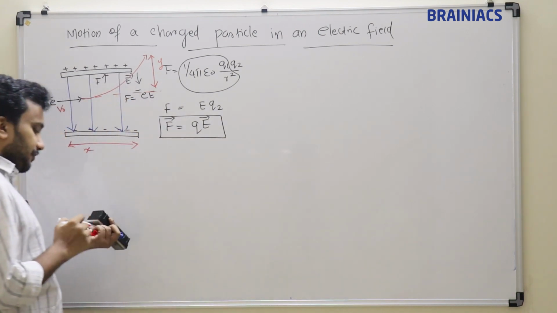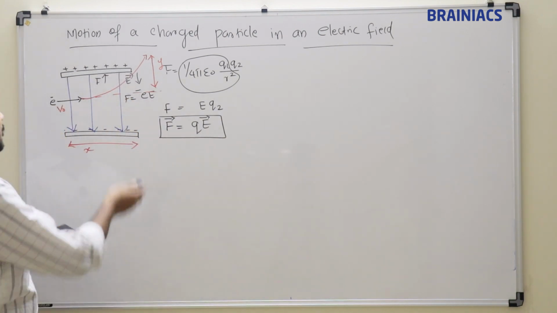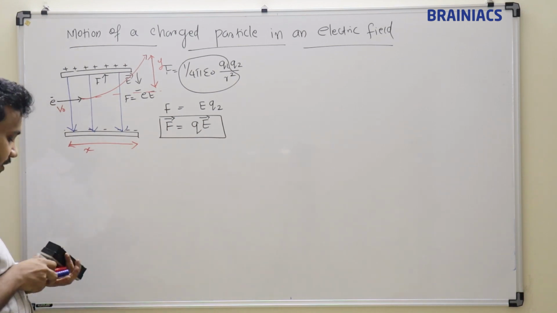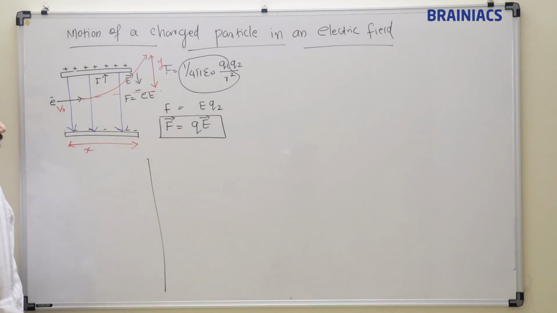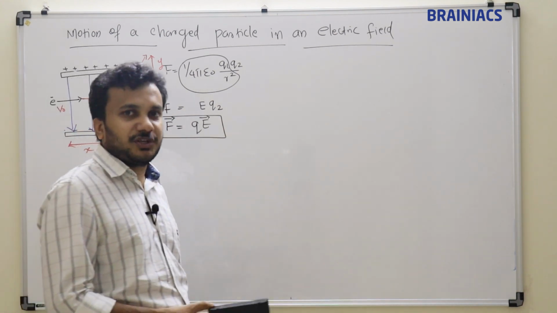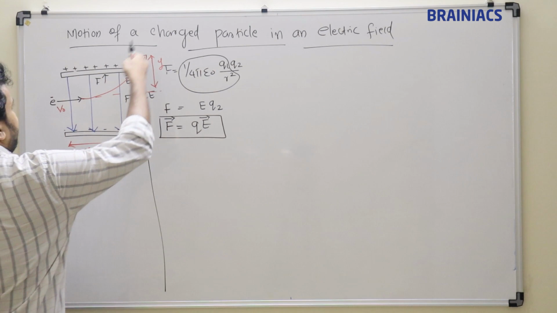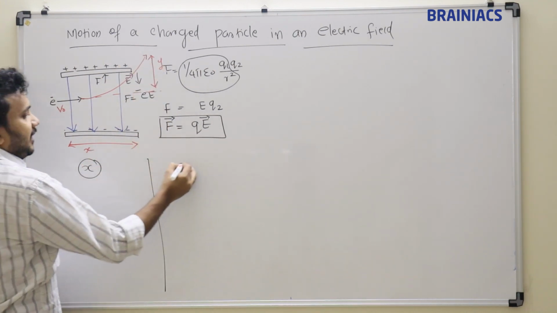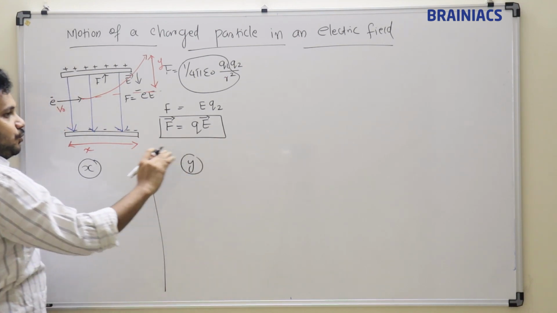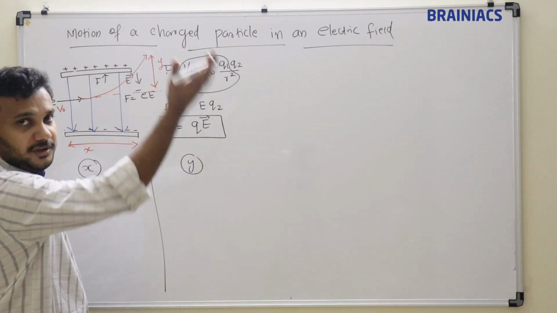We will write a couple of equations in the x and y directions because it is a two-dimensional motion. For a two-dimensional motion, we need an x equation and a y equation. Why am I saying it is a two-dimensional motion? Because this electron will follow a trajectory motion. So we have to write the x direction equation and the y direction equation.